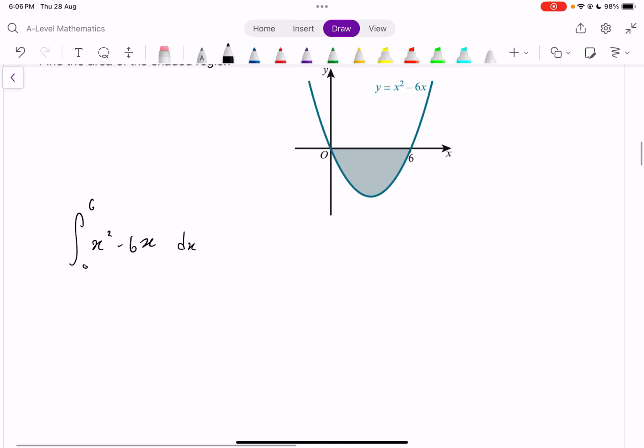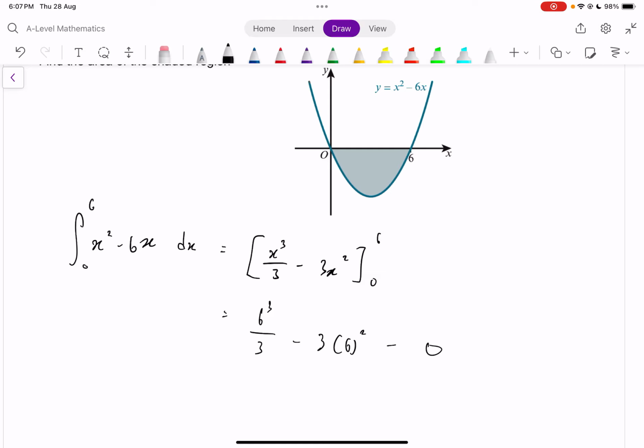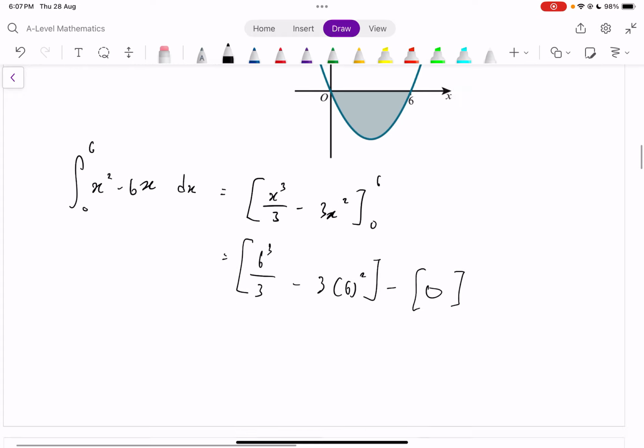So in this case, 我们会得到的是 x cubed over 3 minus 3x squared between 6 and 0. So that makes it 6 cubed over 3 minus 3 bracket 6 squared minus 0. 所以这里是 x equals 6，这里是 x equals 0.